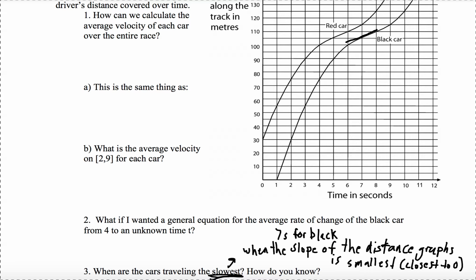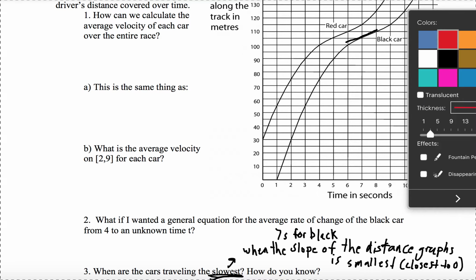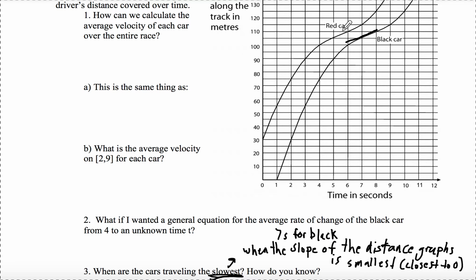And then for our red car, where does it look like our slope would be the shallowest? Maybe somewhere in that area there. So maybe about 6 seconds for red. Yeah, we're looking at when the slope of the distance graphs is the smallest. That would be a moment when our cars are traveling the slowest.